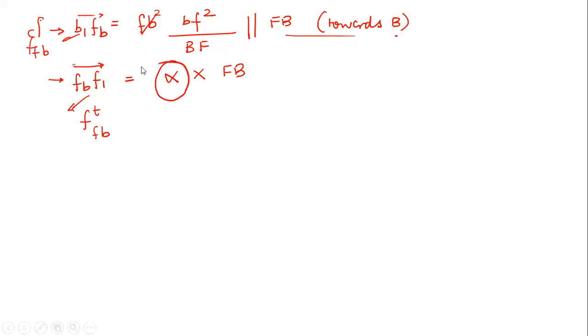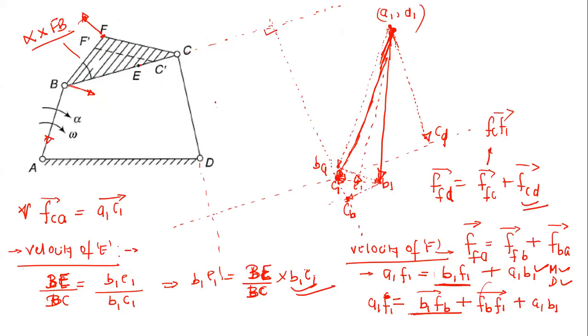Now let me ask you, is it possible to calculate the magnitude of this alpha? Just see this diagram very carefully and tell me, from this acceleration diagram, can we calculate the magnitude of this alpha?